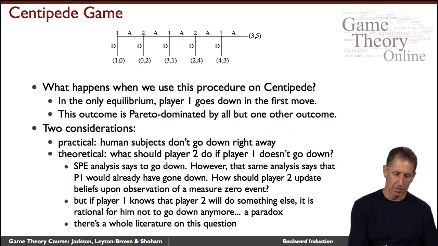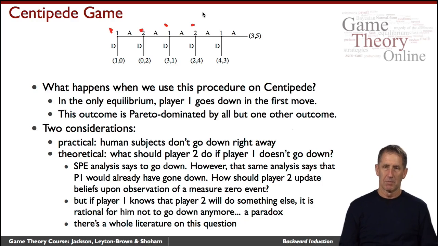We have player one moving, and then player two moving, and then player one again, and player two, and so on and so forth. But the payoffs are constructed in a contrived way so that they're gradually increasing, and it's called a centipede because you can imagine rather than have only 5 legs here, you'd have 100.